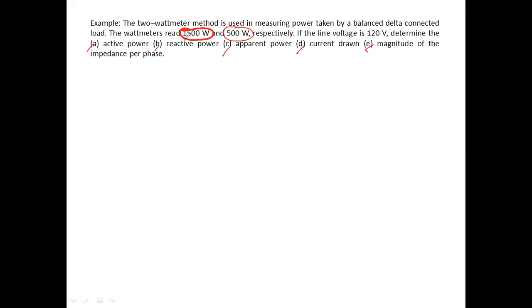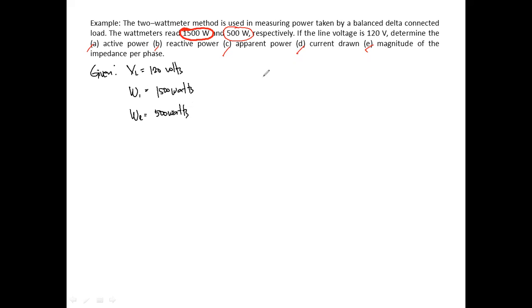Okay, so first, for the active power, these are the given data. The line voltage is given to be 120 volts. Wattmeter 1 is 1500 watts. Wattmeter 2 is 500.